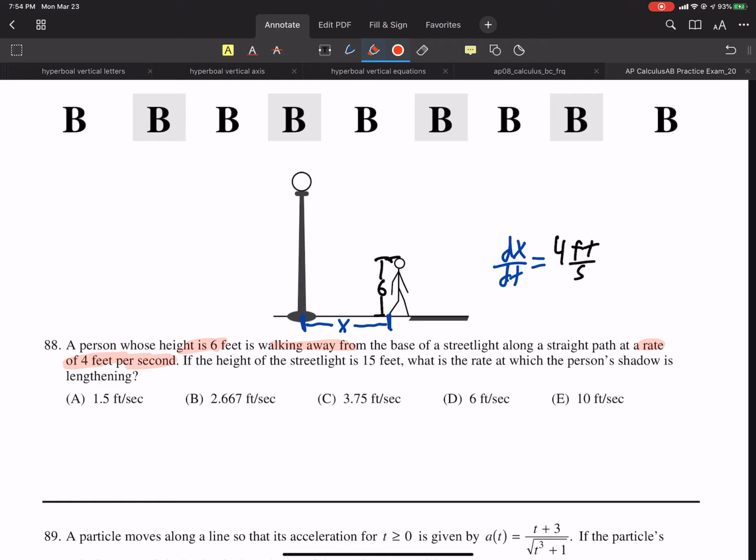Now we have the height of the street light is 15 feet. So this distance is 15. And they want the rate at which the person's shadow is lengthening.